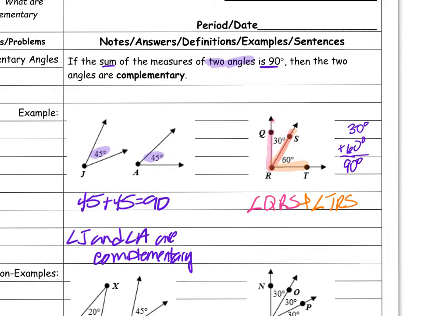Okay, so those two angles share a side, so they are also adjacent. And we are going to define the word adjacent in the next lesson, 11.2, but I just want to kind of talk about it today. So if the angles share a side, they're called adjacent. And if they don't, like in the first example over here, they're just complementary. So not only are these two angles complementary, but they're also adjacent. So just a little FYI there for you guys.